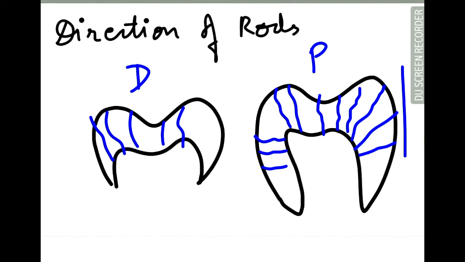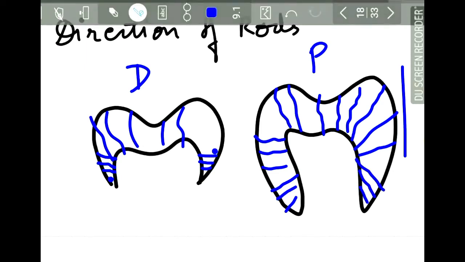But in the cervical area, the direction of the rods is different. In deciduous teeth, they retain their horizontal course, while in the permanent teeth, they turn in an apical direction towards the root apex. These rods have a wavy course, and we can describe this with a small example.